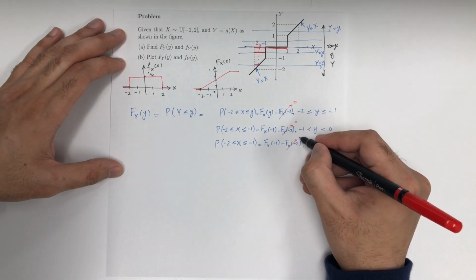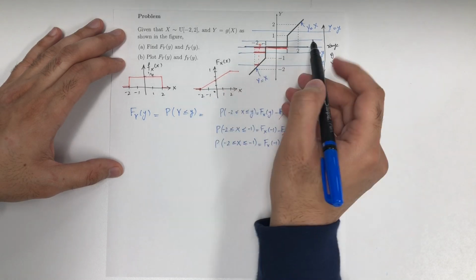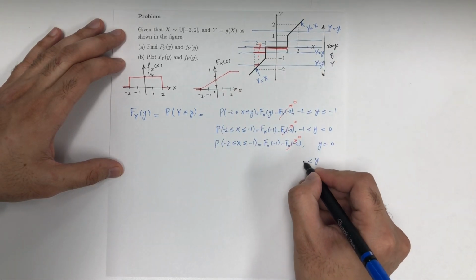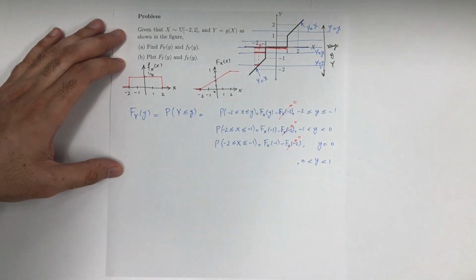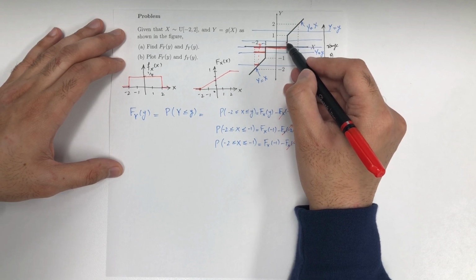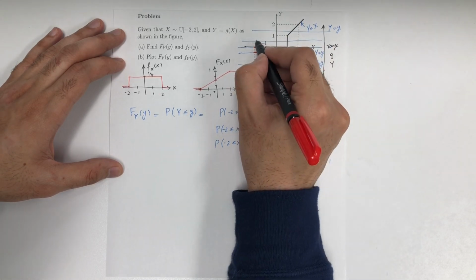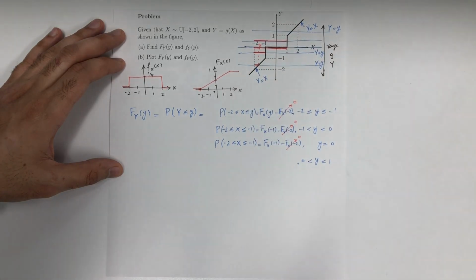Again, this will be 0. Similarly, the next case, when y is between 0 and 1, the black solid line will be below in all of this region, for which the x is between -2 and all the way up to 1.